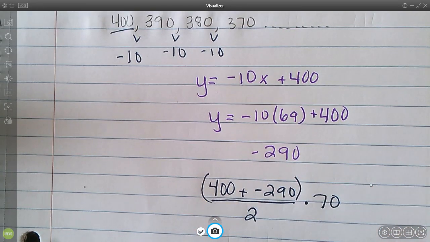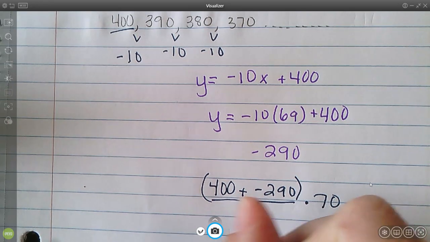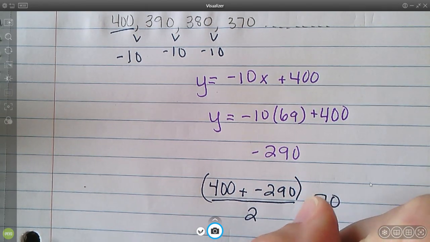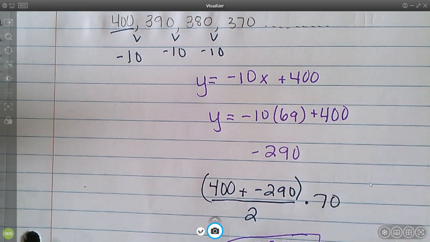Make sure you put that in parentheses, and you get 400 minus 290, divided by 2 times 70. You should get 3,850. So if you add all of those numbers together, that is what you get.